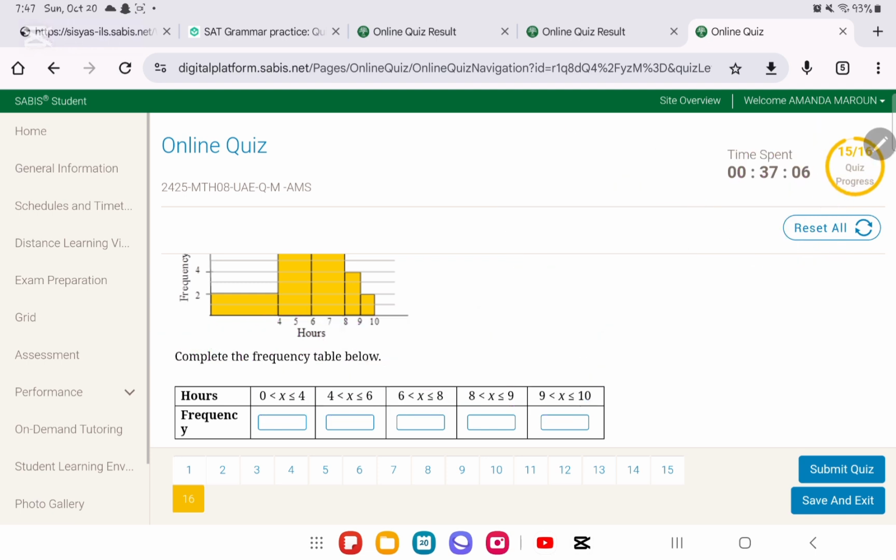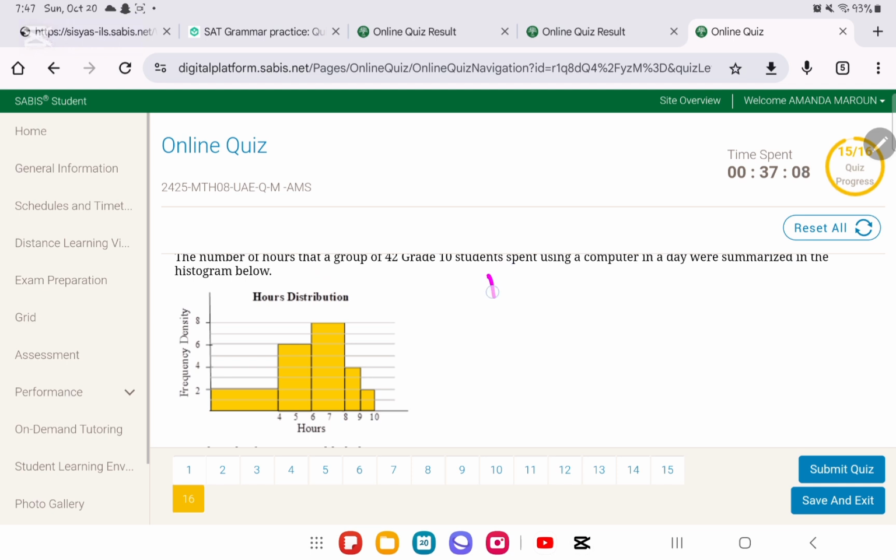Definitely yes. So let's go up and see. Frequency density is equal to frequency over width. The widths were 4, 2, 2, 1, 1, if I'm not mistaken. So let's put it in the histogram. The width of this one is 4, of this one is 2, of this one is 2, of this one is 1, and this one is 1.